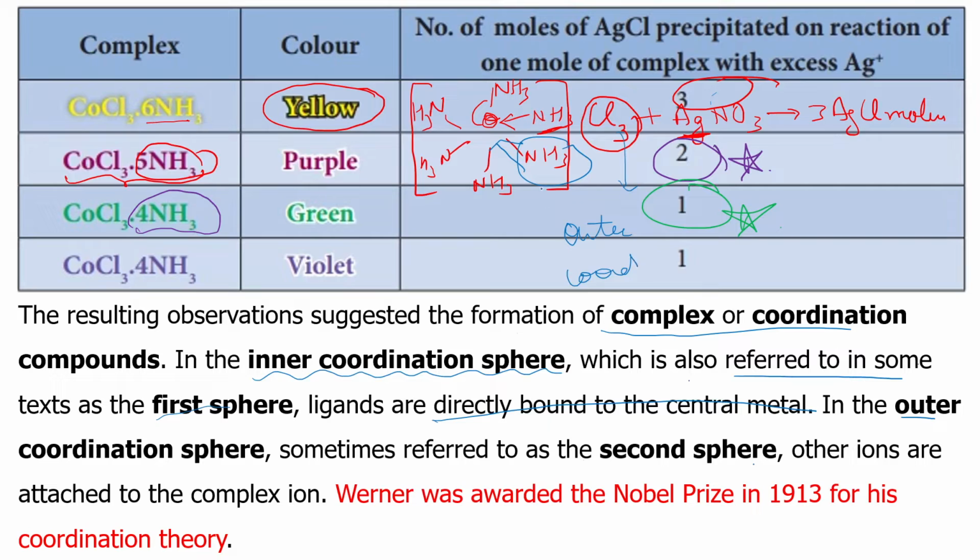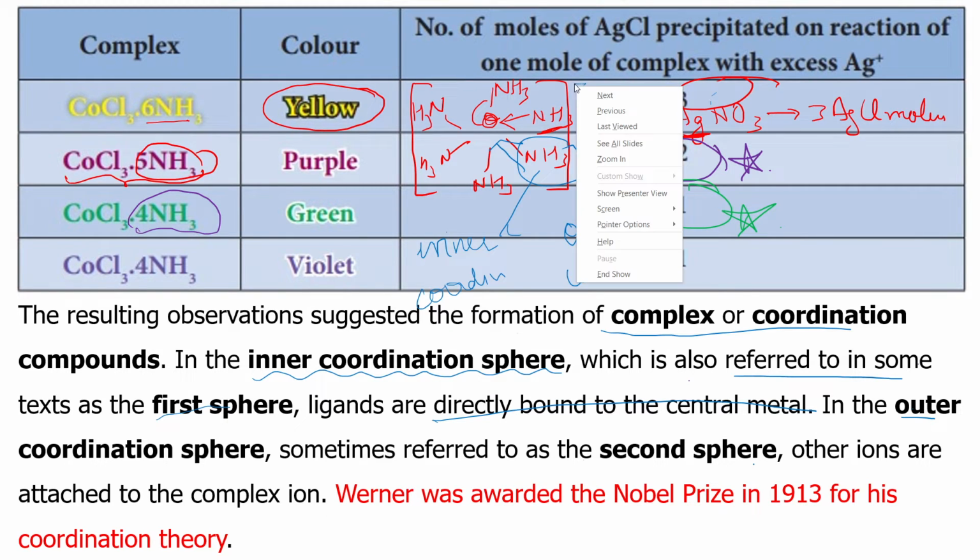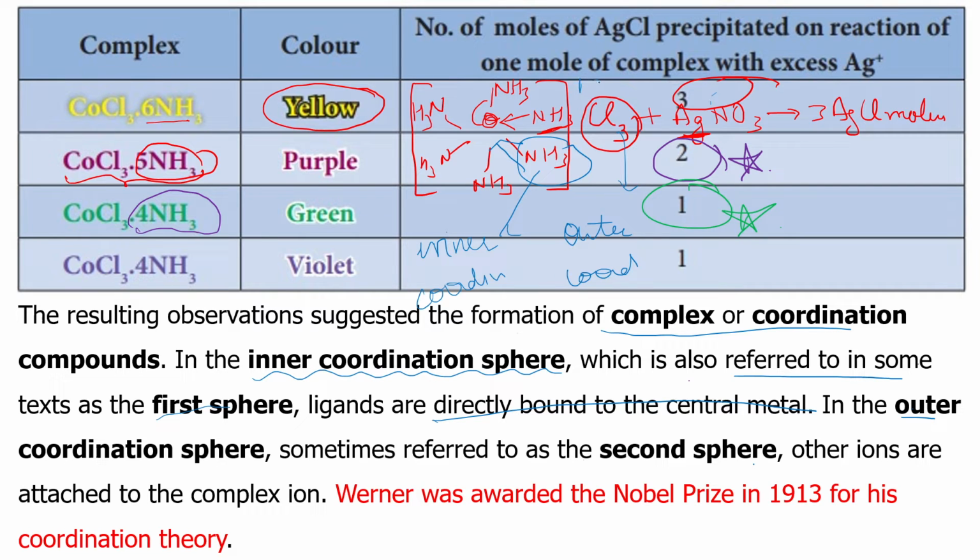Those which are directly bound to the metal ion, these ammonia molecules, are considered as the inner coordination sphere. In the outer coordination sphere, sometimes referred to as the second sphere, the other ions are attached to the complex ion. These are basically chloride ions attached to this complex ion having +3 charge.